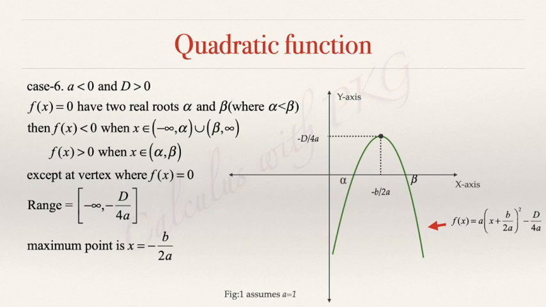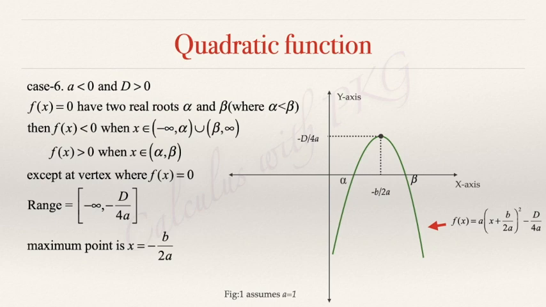So here again you can see the graph touches the x-axis at 2 points, alpha and beta, and from the graph you can easily tell f of x is less than 0 when x belongs to open interval minus infinity to alpha union open interval beta to positive infinity, and f of x is greater than 0 when x belongs to open interval alpha to beta.